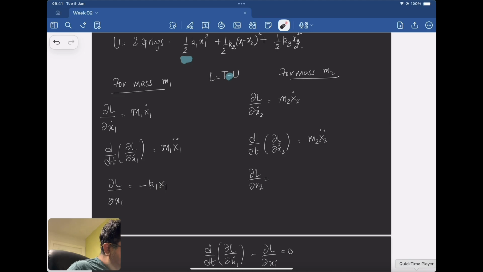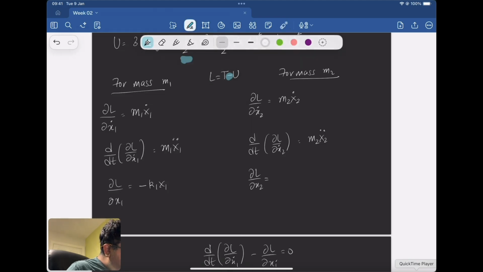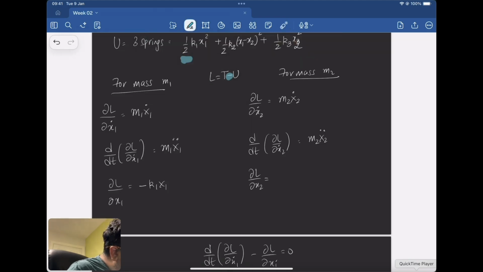Now, going back to it, the other term which relates to x1 is minus k2 into (x1 minus x2), right? And similarly for x2, if I take the derivative with regard to x2, I have one x2 term coming here and one x2 term coming here, right?